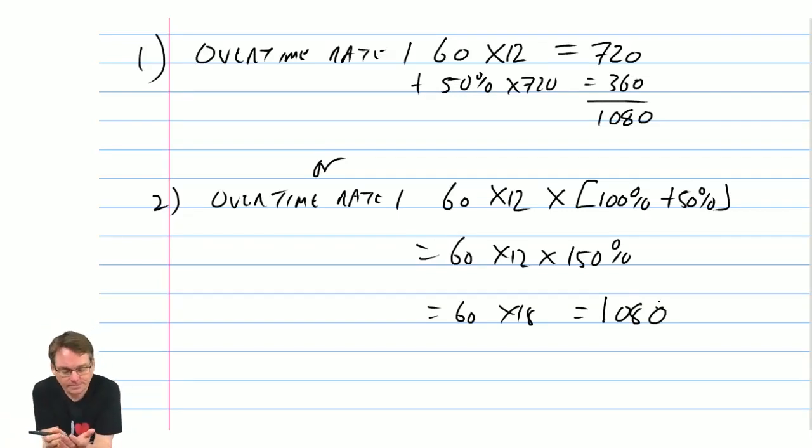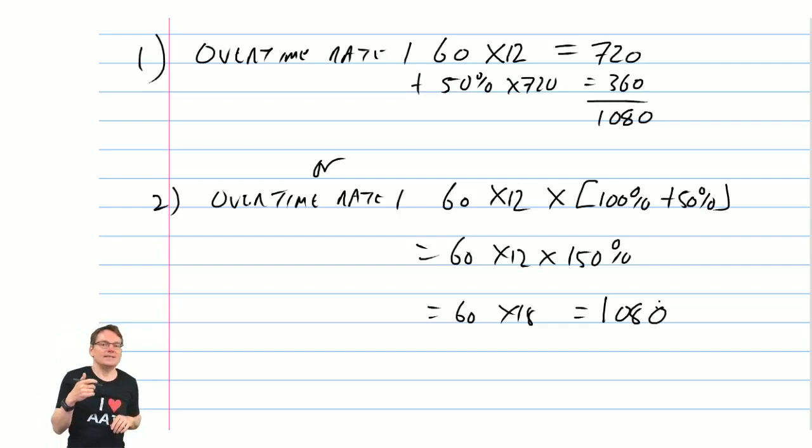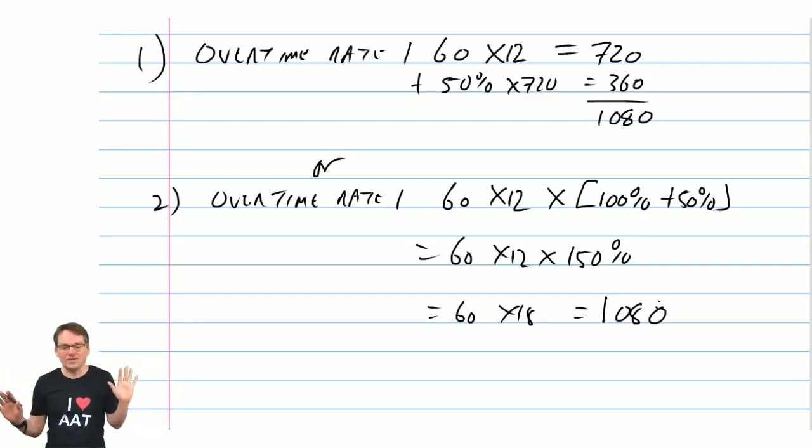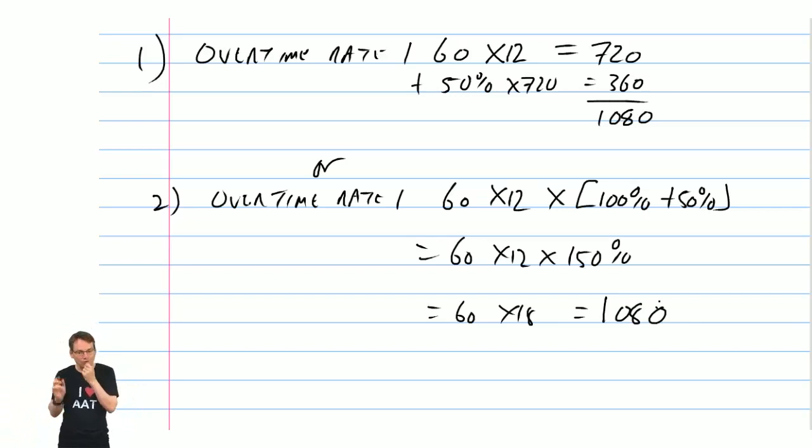What I would say to everybody is, whichever method you use, and I don't care what method you use, it's absolutely fine. Use whatever method you're comfortable with, but do like I've done and write it all down, even if you think it's very obvious.